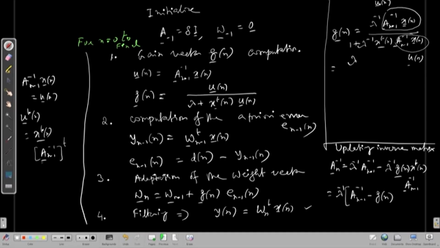Now, remember A n minus 1 is Hermitian, and we had proved early in this lecture series that if a matrix is Hermitian, its inverse also is Hermitian, assuming the inverse exists. So, therefore, its transpose is itself. So, it will be x transpose n A n minus 1 inverse, and that is what I have here. So, it is G n into u transpose n.